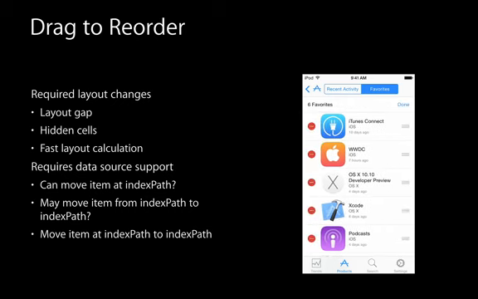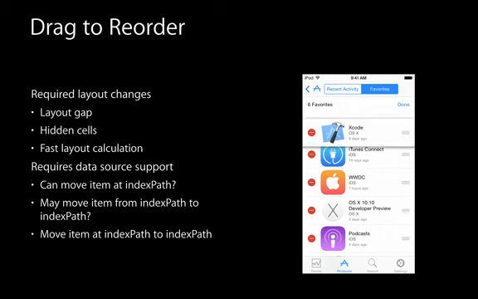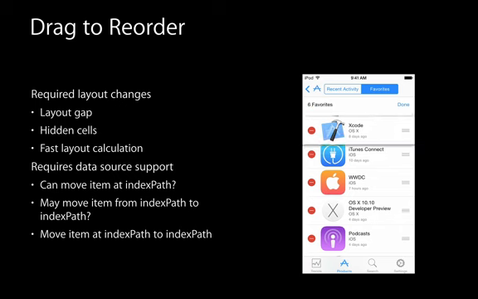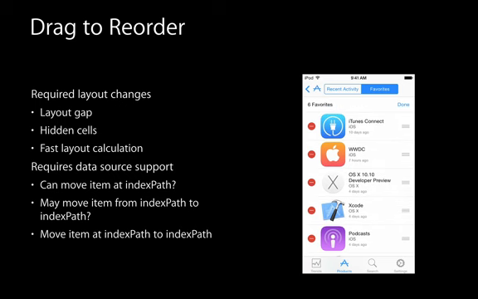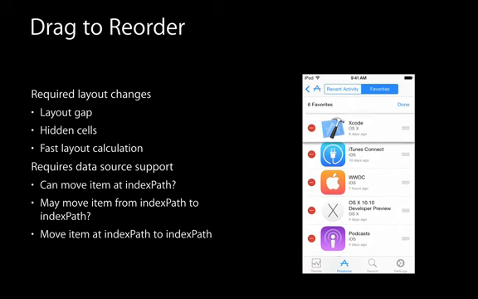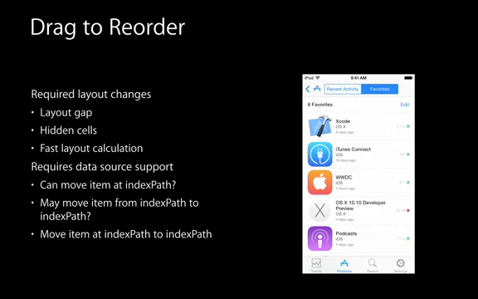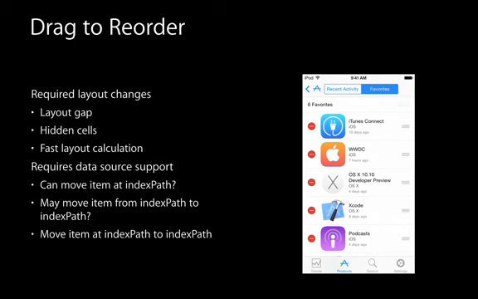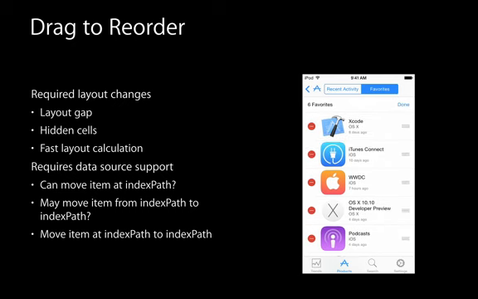Now, it does require data source support. So by default, the data source normally answers, nope, you can't move that one. Nope, you can't edit that, so on and so forth. So in order to actually implement drag reordering in your code, you're going to want to say, oh, yes, you can move those things. You can drag those things. And so there are some methods on your data source that need to have the right responses.